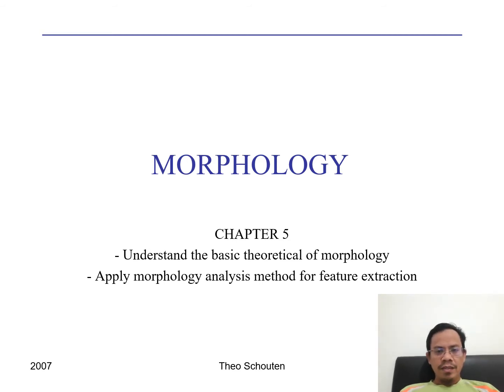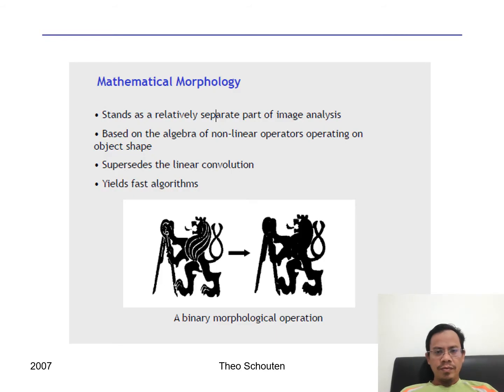Understand the basic theory of morphology. Apply morphology analysis for feature extraction. Morphology is about mathematics, and it is implemented in image processing from the mathematical theory, brought to image processing.